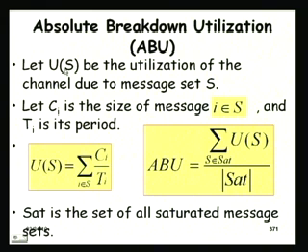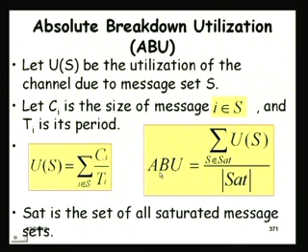So, the utilization due to the message set S will be indicated by US, which is the summation of all the message sizes divided by the period over which this size of data needs to be transmitted, right. For this set, the utilization due to each of those messages gives the utilization due to that set. Ci is the size of the message and Ti is the period over which this Ci needs to be transmitted.